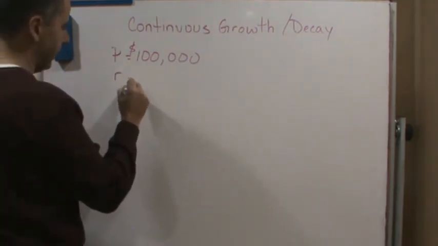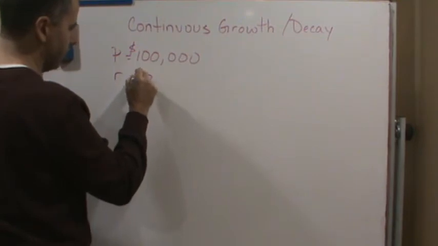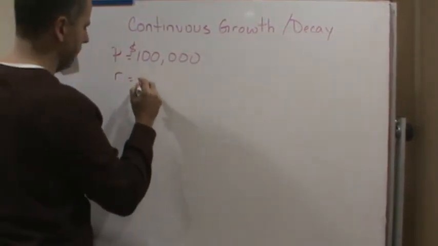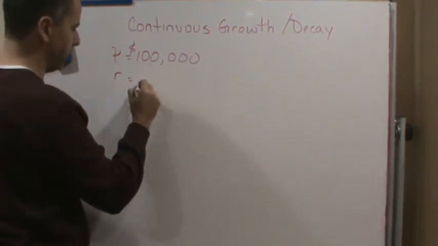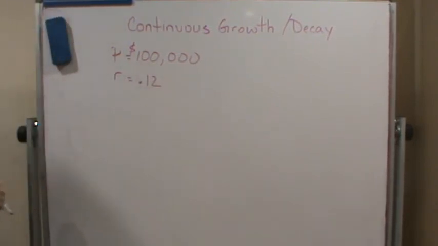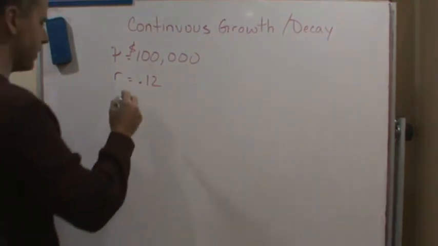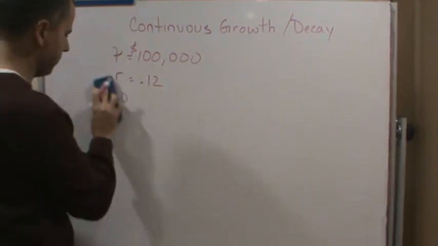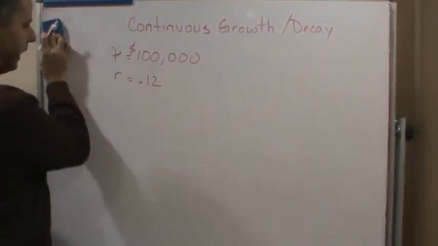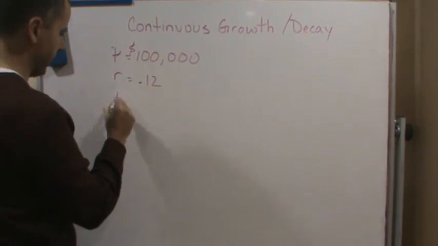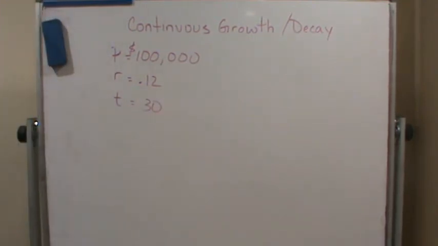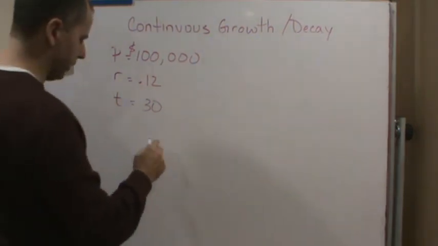And R is a 12% interest rate, so it's going to be 0.12. And it's invested for 30 years, so T is 30 years. Again, this is an annual interest rate, so T has to be in the number of years, which we know is 30. Well, how much money is going to be in there? Well, let's find out.